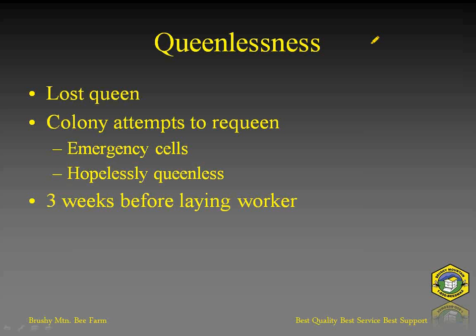And within about 3 or so weeks, if it goes that long, you will have what's known as a laying worker, where the reproductive system of the worker bees actually begins to become active, and they will begin to lay eggs. We'll talk a little bit more about that in just a second.